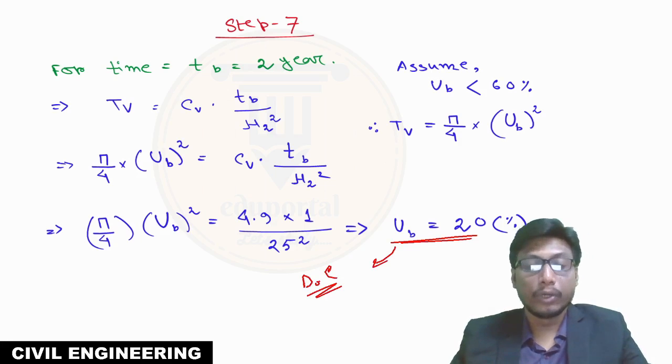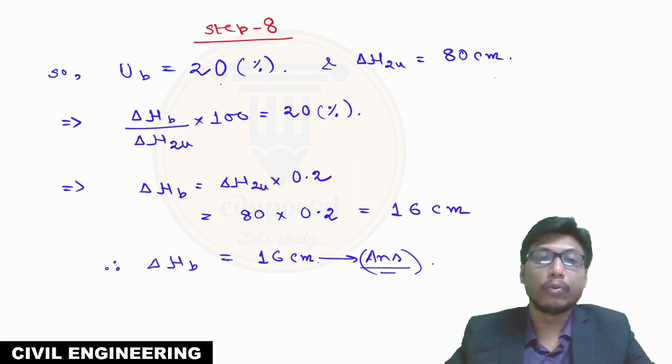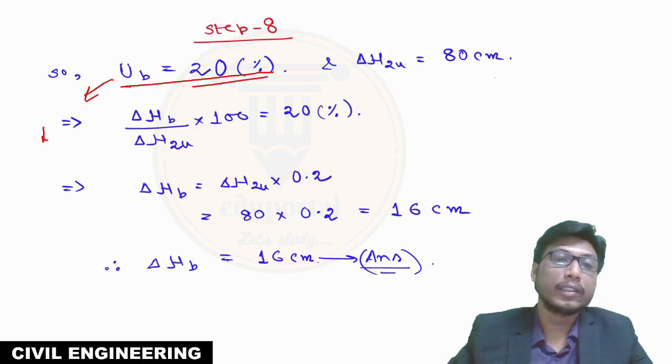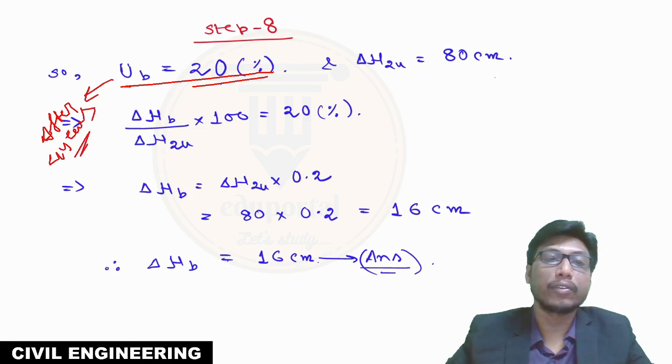So after 4 years, the degree of consolidation is 20%.